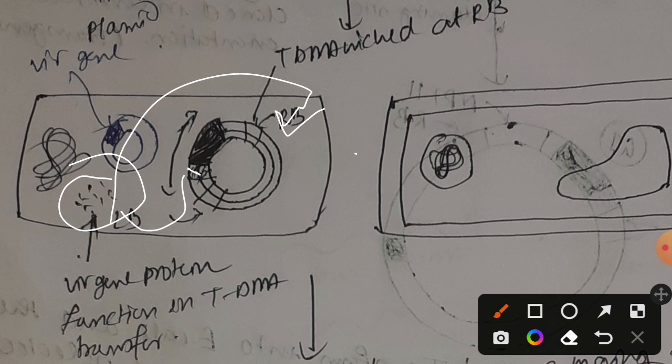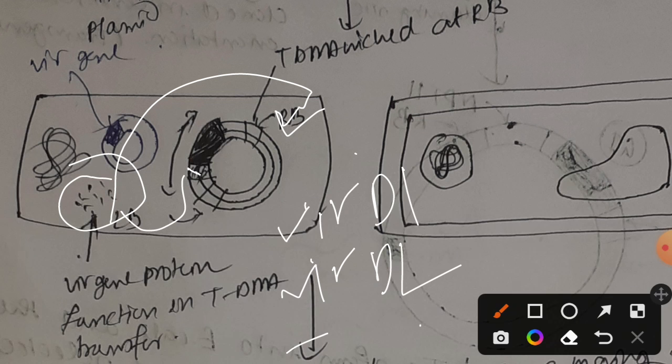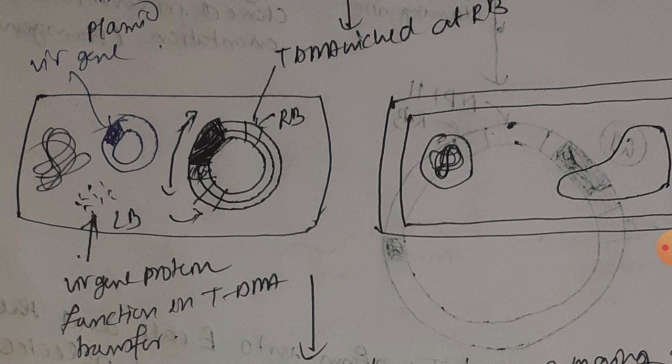There will be two kinds of vir gene that play the main role here. One is VirD1, another one is VirD2. So these two proteins are involved in the nicking process of our right border and left border, which will facilitate the formation of a single stranded T-DNA.